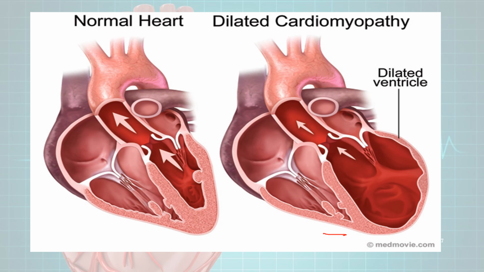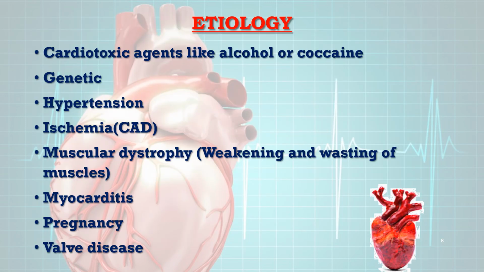So we can see the pathophysiology, but before that, the etiology. The etiological factors are cardiotoxic agents like alcohol or cocaine, then genetic predisposition, in the sense that those who have a family history, otherwise first degree relatives with a history of cardiomyopathy, are at most risk for developing it.